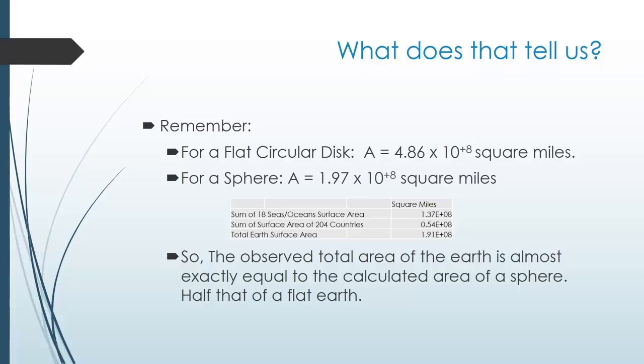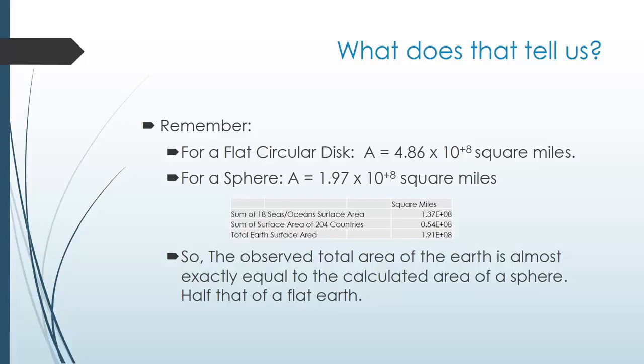So here is my Excel spreadsheet where I added up all the data. First of all, I did the sum of the 18 seas and oceans that we saw on the previous slide. 1.37 e to the plus 8, or 10 to the 8.